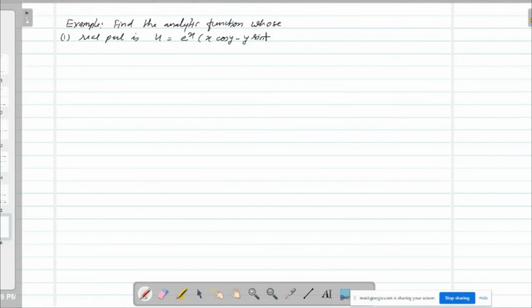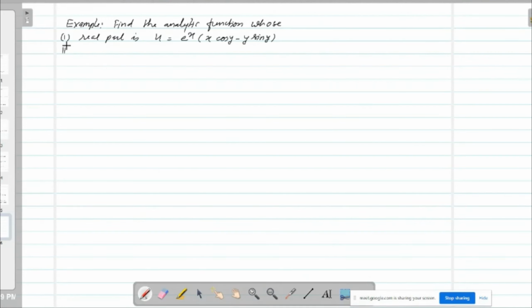Let's take an exercise problem. A lecture is not complete without an exercise problem. Example: find the analytic function whose, number one, real part is u equal to e raised to x into x cos y minus y sin y.